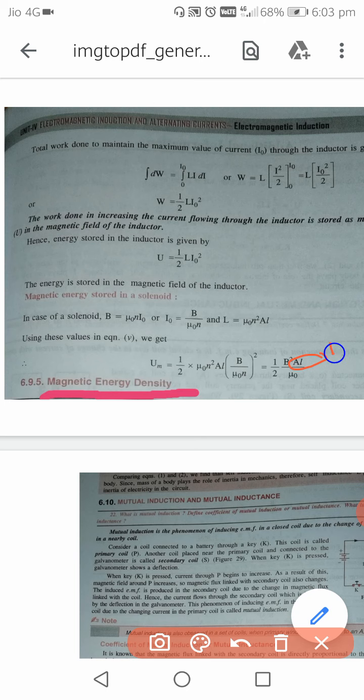If we bring this volume down here, it will be energy by volume, which is called magnetic energy density. Simple thing. So energy by volume on the left hand side, and on the right hand side we'll have only half B square by mu naught. So half B square by mu naught is the expression for magnetic energy density, which means energy per unit volume.